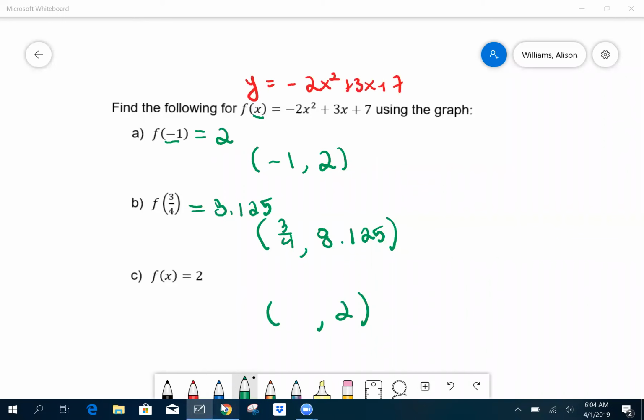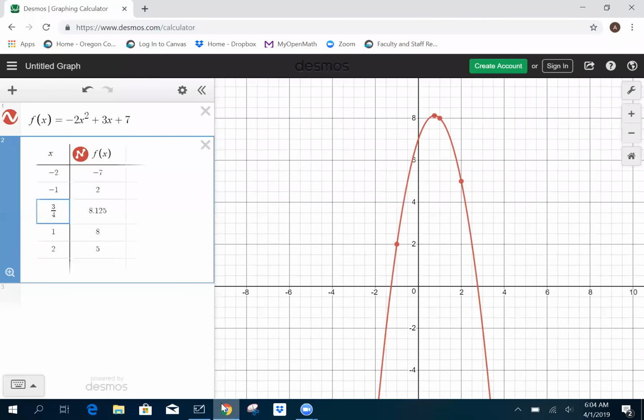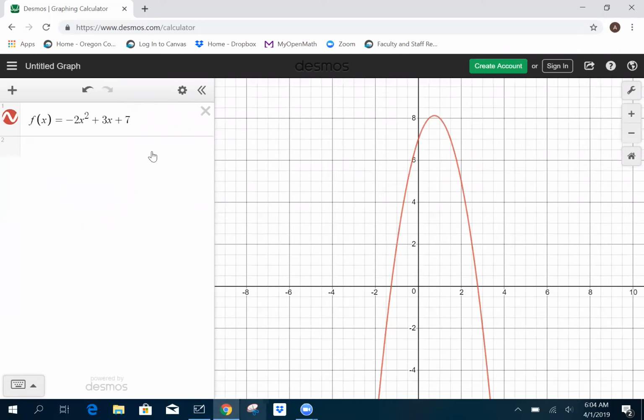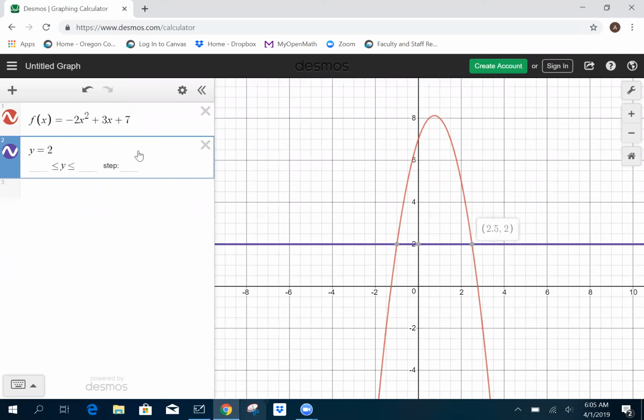Let's come back to Desmos. There are a couple ways to do this. I'm going to go ahead and get rid of the table here. The way I like to do this, because Desmos is really good about finding points where two curves cross, is I'm going to enter the equation y equals 2. You'll see that when you come over here they automatically have the points where y equals 2.